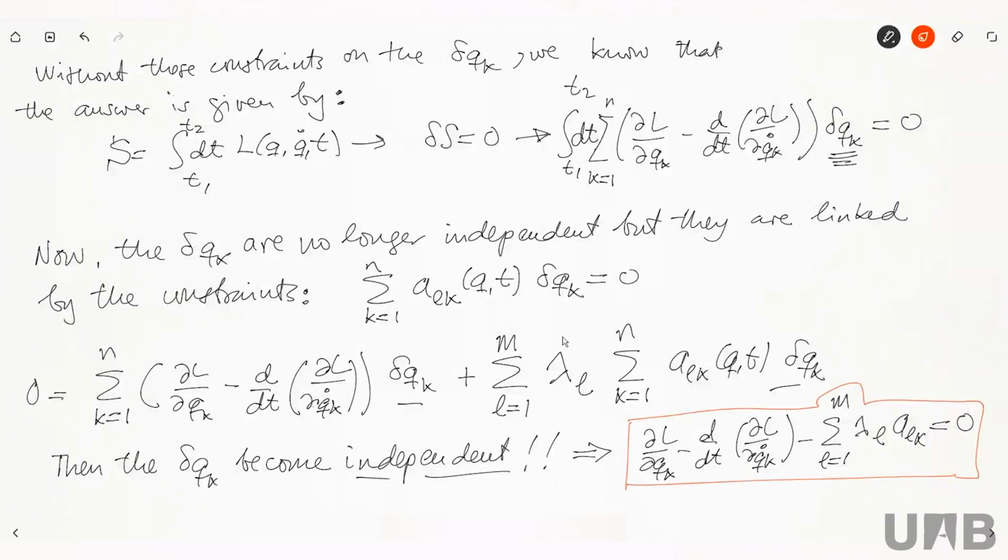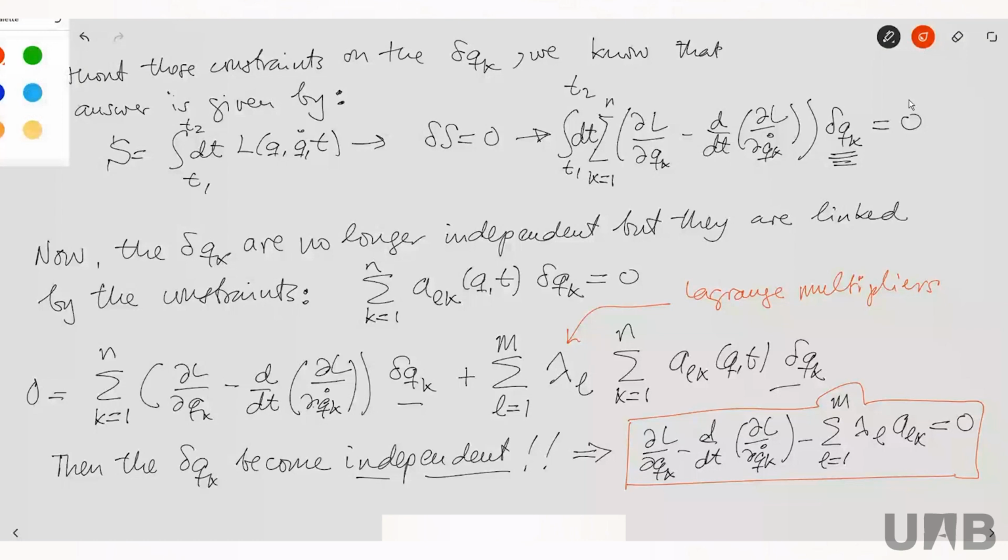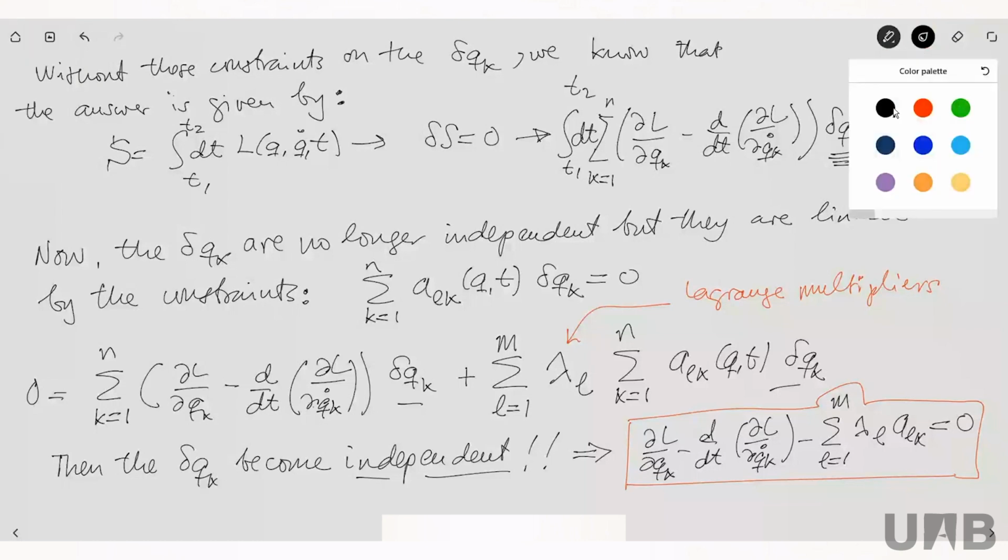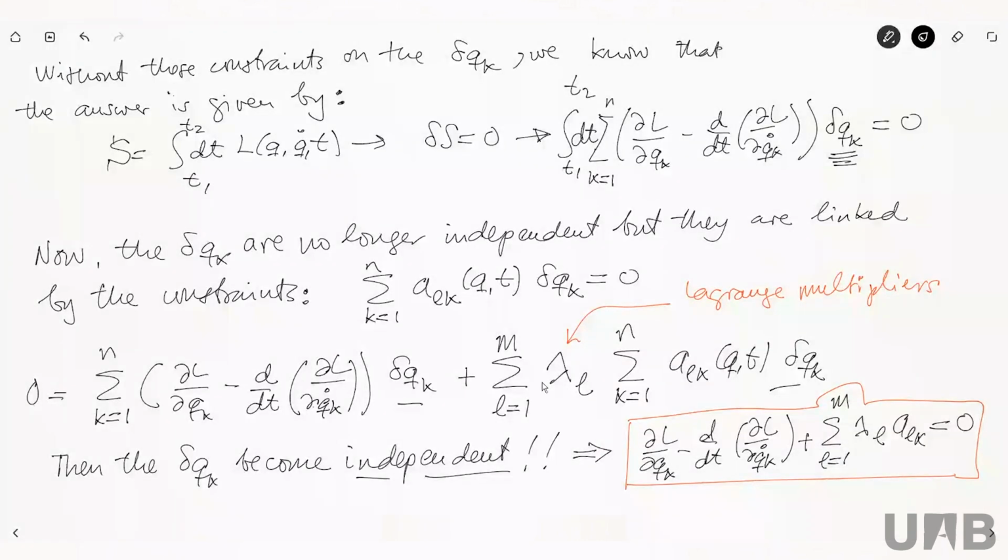And these guys are the Lagrange multipliers. Okay, questions? Why do I have a minus sign? I made a mistake. This is a plus. The sign could be plus or minus. Remember that the Lagrange multipliers, you could add them or subtract them. It doesn't make any difference. But if I put a plus here, I have to put a plus here. Questions?